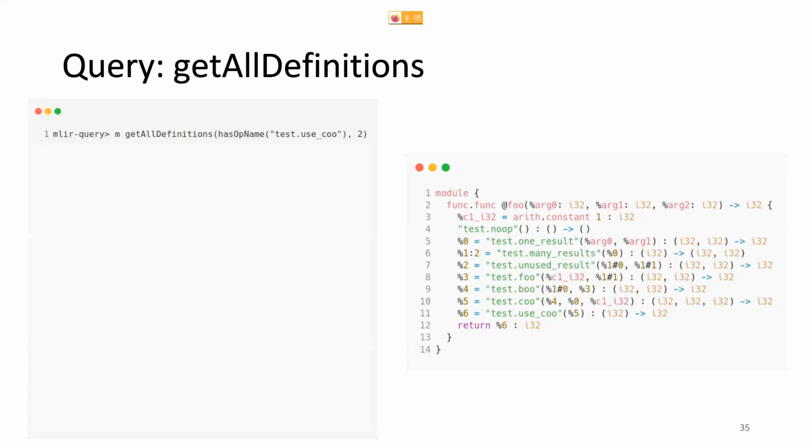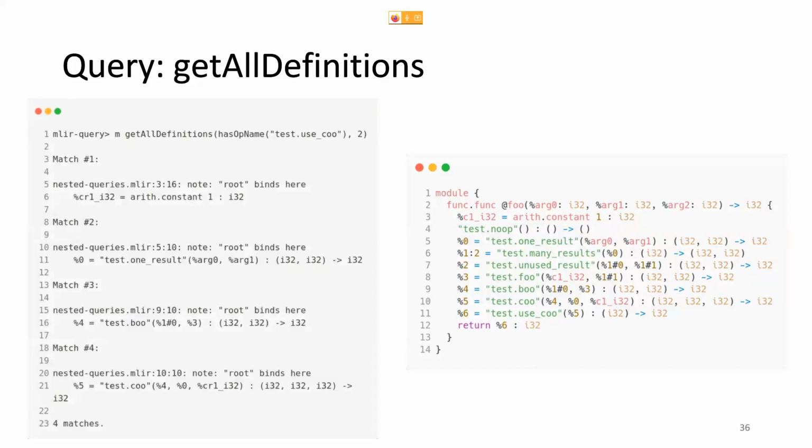So I'll get into the query get all definitions. This is a query which gets all the definitions of an op. So if you have the test.useCoo operation, it gets all the definitions up to 2 steps backward. It goes 2 steps behind and gets the list of all operations.